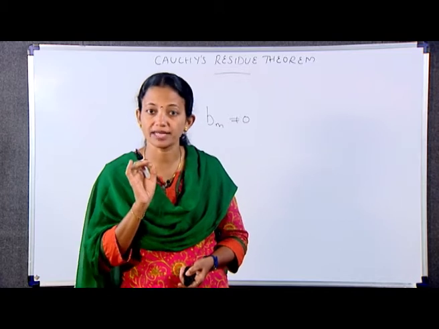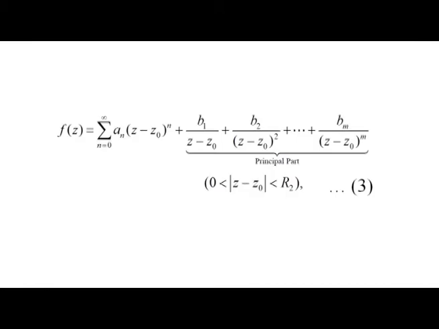That is, expansion 1 takes the form f(z) is equal to the sum over n from 0 to infinity of a_n (z minus z0) whole raised to n plus b1 by (z minus z0) plus b2 by (z minus z0) whole square plus etc., plus bm by (z minus z0) whole raised to m, where 0 is less than mod z minus z0 less than R2.